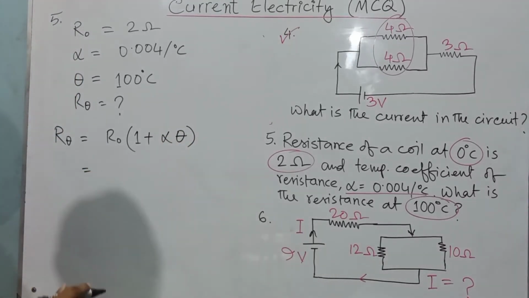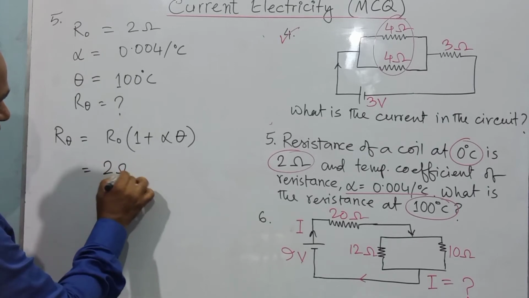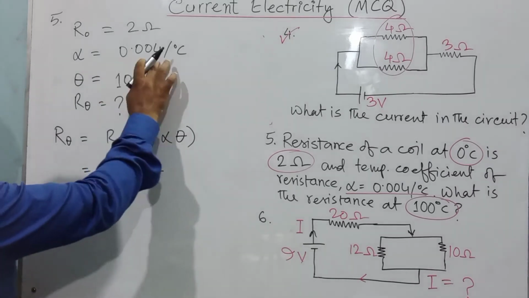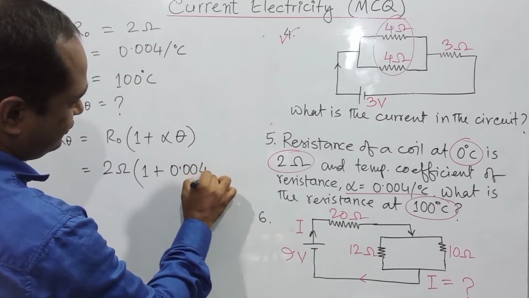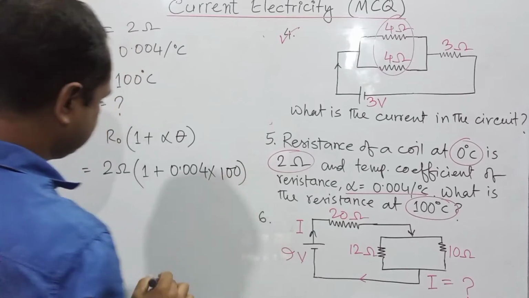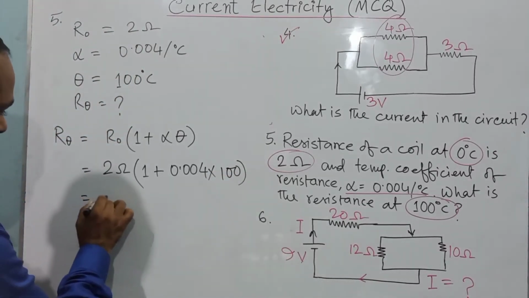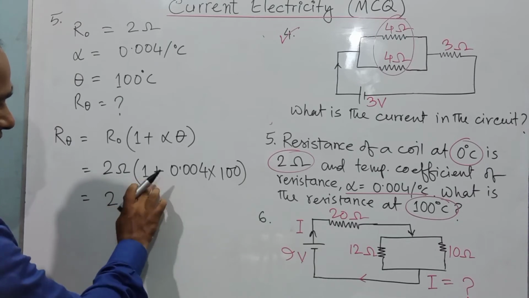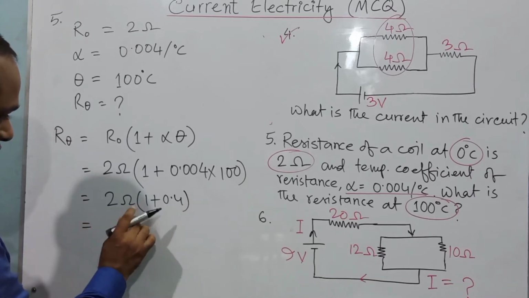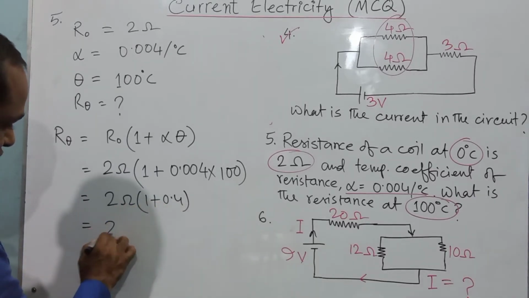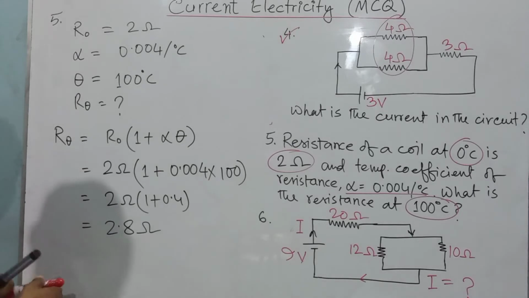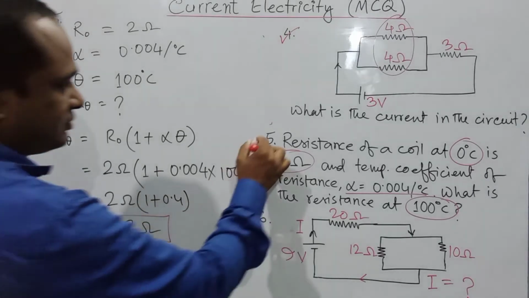Here, students, the value of R naught is 2 ohm multiplied by (1 plus 0.004 multiplied by 100 degree Celsius). After the calculation, 2 ohm multiplied by (1 plus 0.4), that is 1.4 multiplied by 2, that means 2.8 ohm. So this is the final result for our question 5.